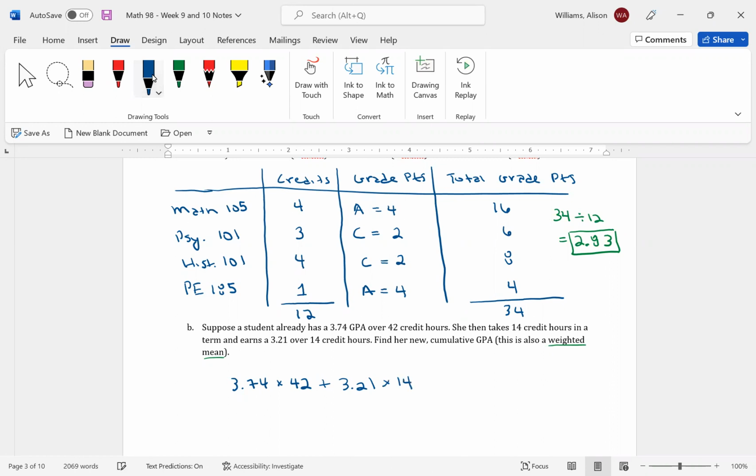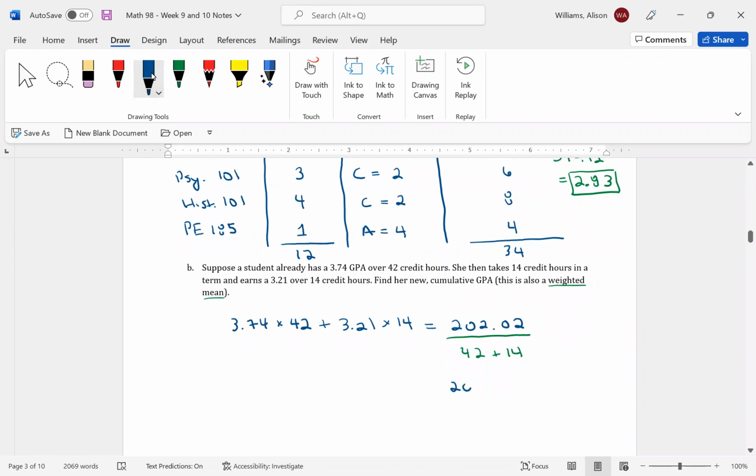So let's see what that gives us. 3.74 times 42 plus 3.21 times 14, which is a total of 202.02. But then we have to divide that by the total number of credits. So I'm going to put it over the 42 and the 14. That makes up the total number of credits. So 42 plus 14 gives us 56.